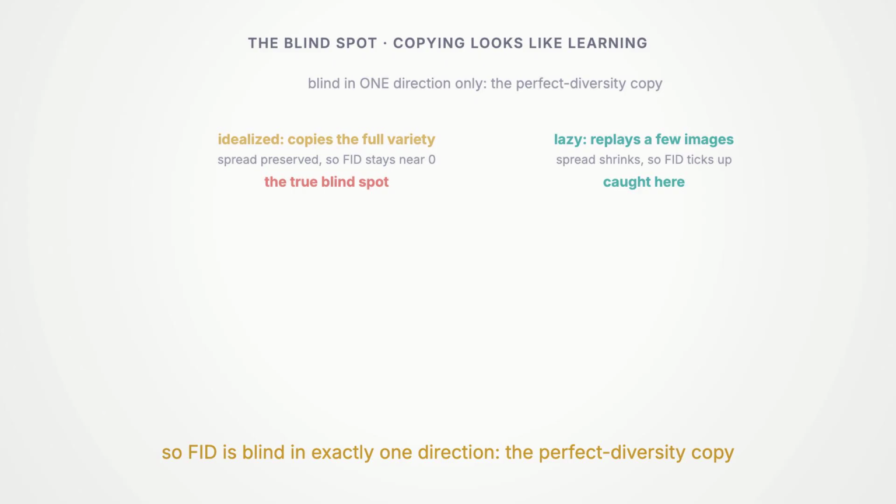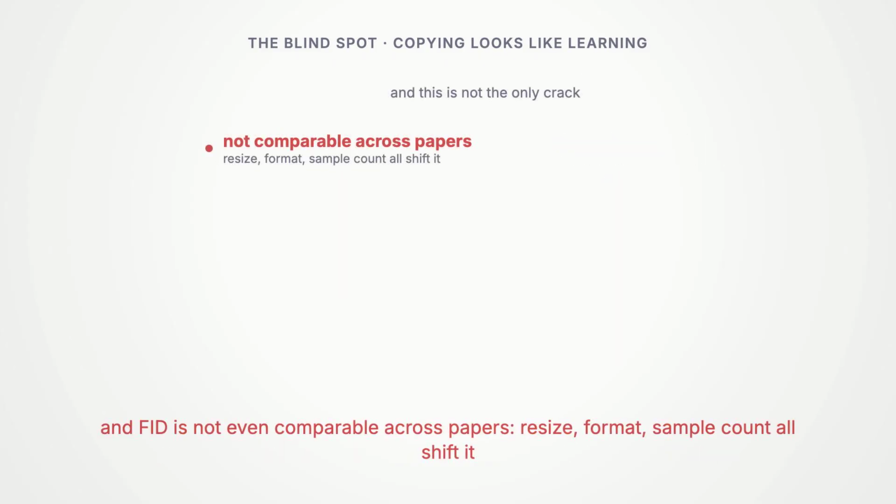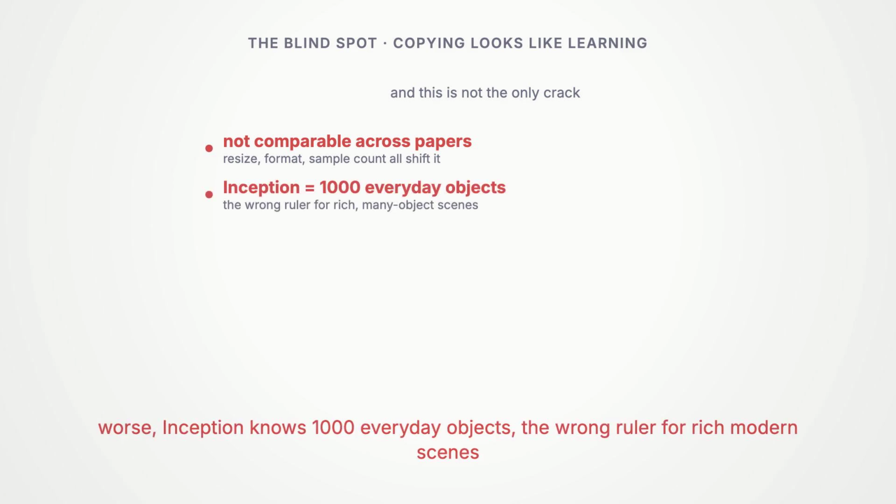The exact FID number depends on fiddly details, how you resize the images, the image format, how many samples you used. So two papers quoting FID often are not even measuring the same thing. Worse, that old inception network was trained to recognize 1,000 everyday objects, one per photo.